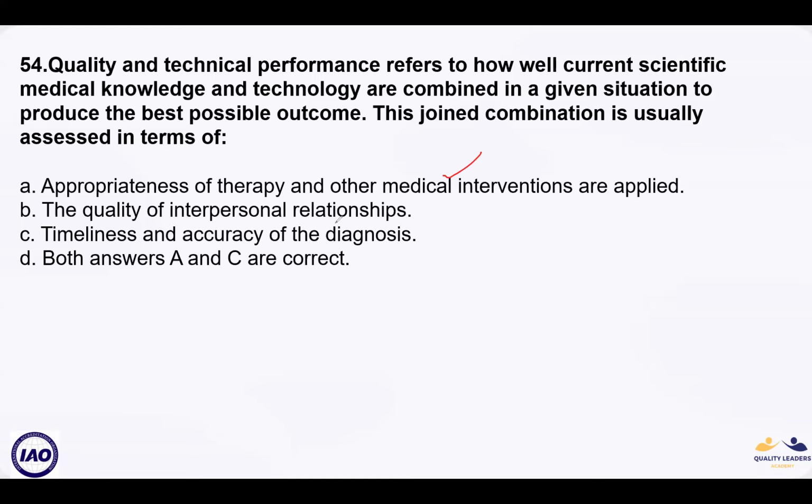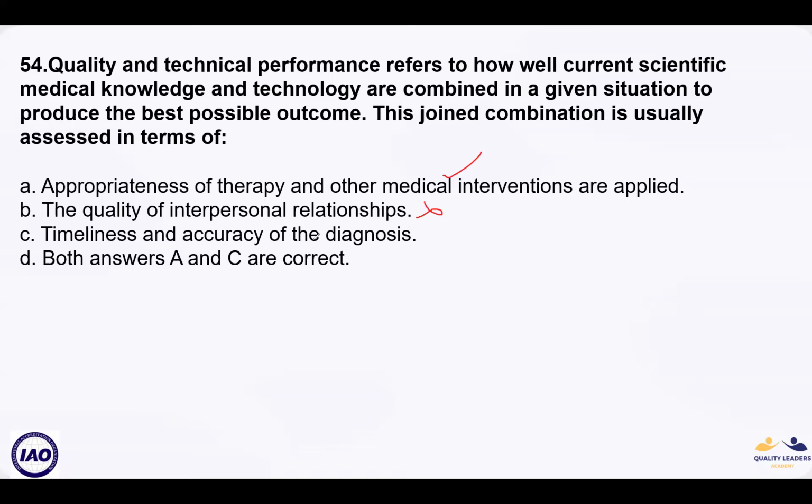The quality of interpersonal relationships. See, quality of interpersonal relationship with providers is through communication, through empathy, dignity, and patient preferences, right? So it is not through science and technology. So this is not it.